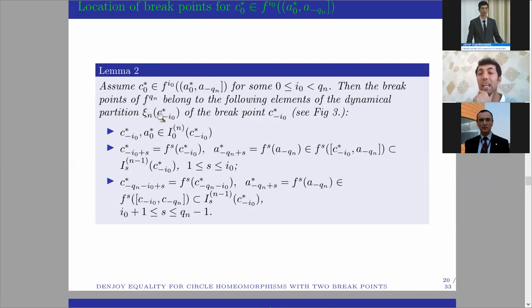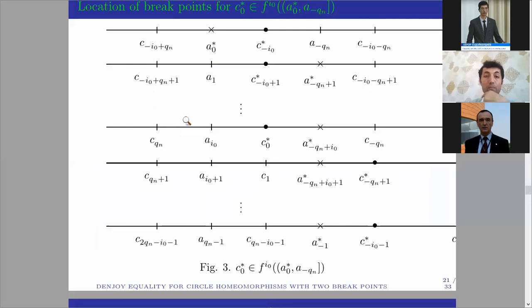We are considering another partition, C minus I0's dynamic partition of n, and the breakpoints belong to all intervals of this partition. And here we can see the location of all breakpoints of f to the qn on the circle for case 2.